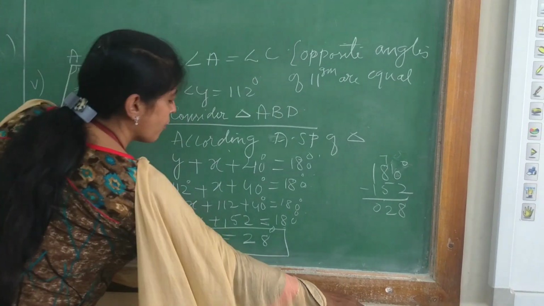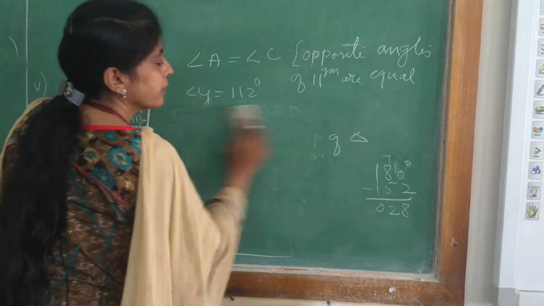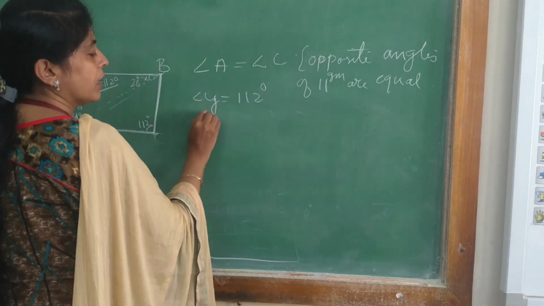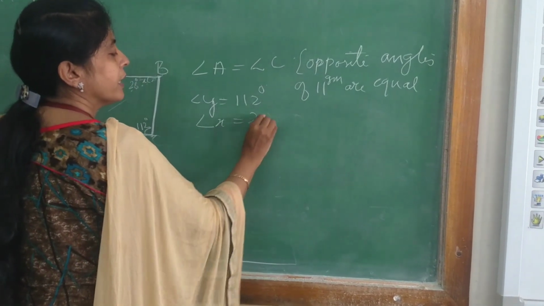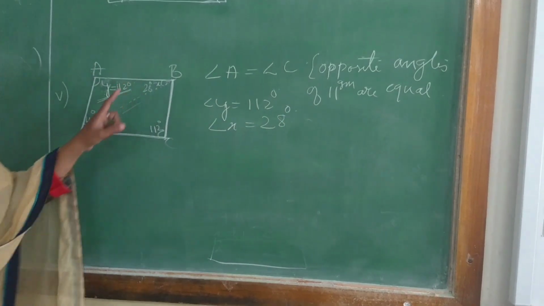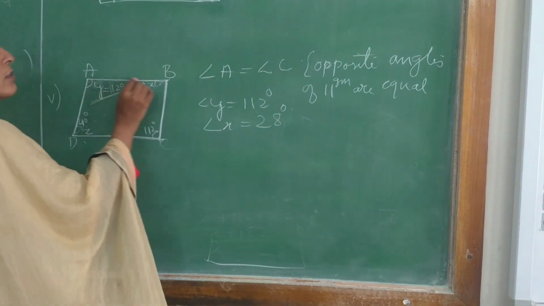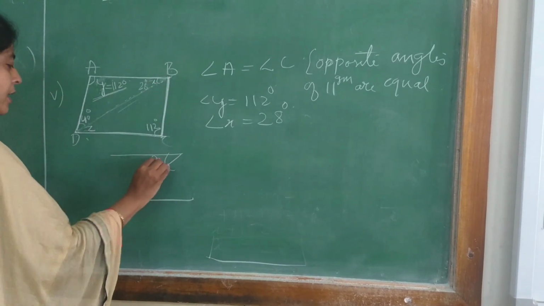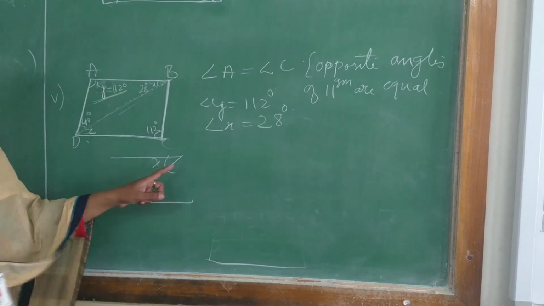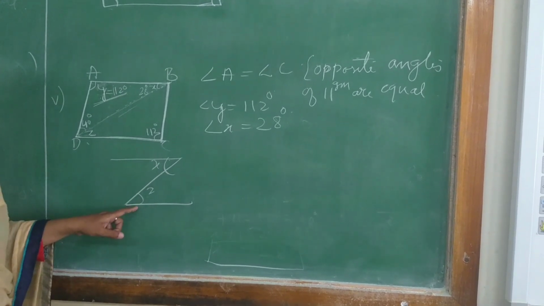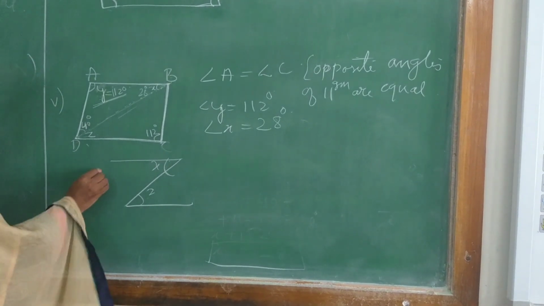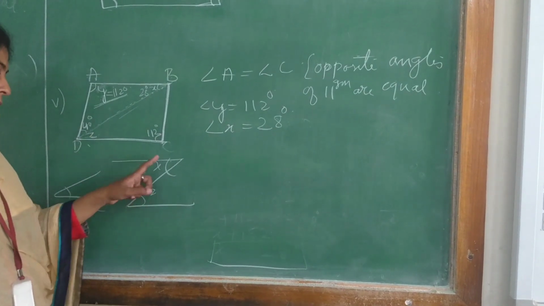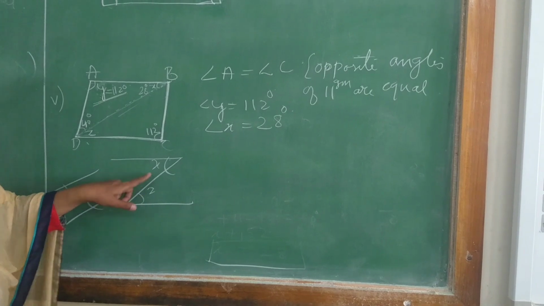Now we know the value of y and x. So y is equal to 112 whereas x is equal to 28 degrees. We need to find z. Once you look at angle x and z, you can see that these two are again Z type of angles, or if you are having S type of angles, always they are said to be alternate angles. So these two will always be equal.